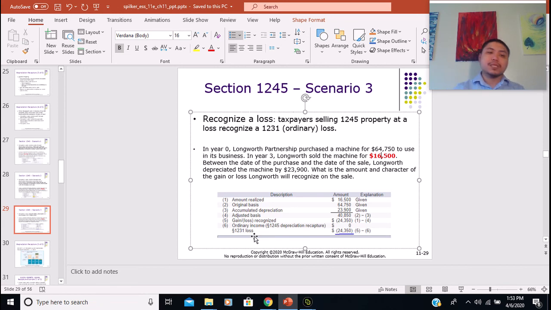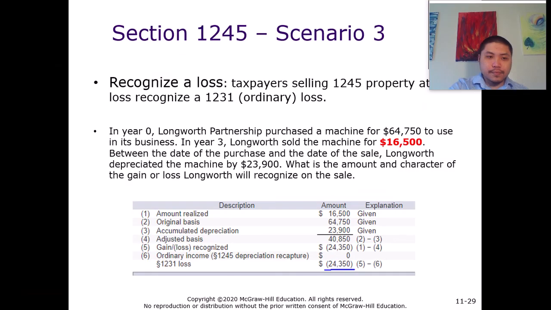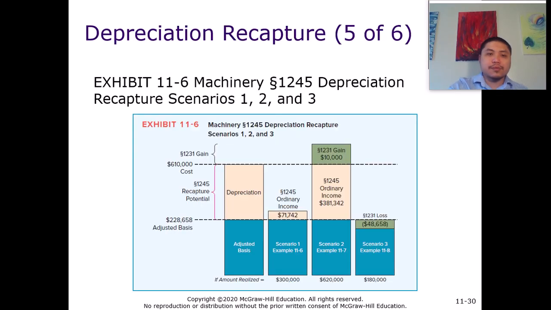All right, so this chart summarizes all of the three scenarios that we just talked about. In the first scenario, the gain is smaller than the amount of accumulated depreciation, so we treat the whole amount as ordinary income, right?